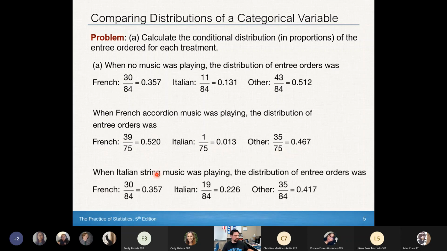Lastly, when we get our Italian string music, the distribution of entree orders was French of 0.357, Italian of 0.226, and other of 0.417. So this is just our conditional distributions for the observed data.